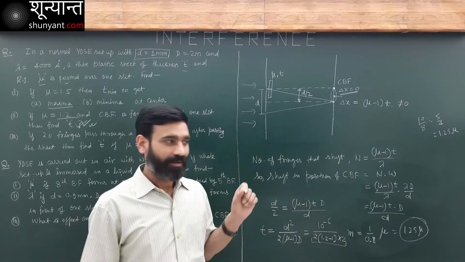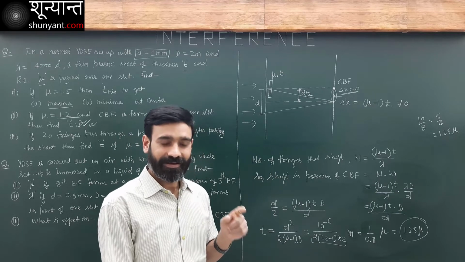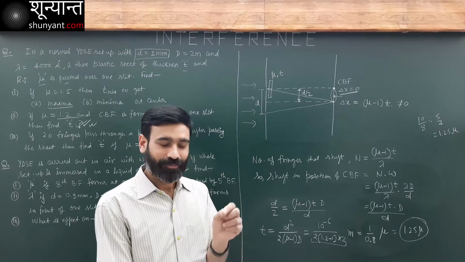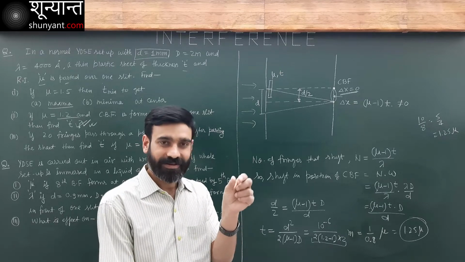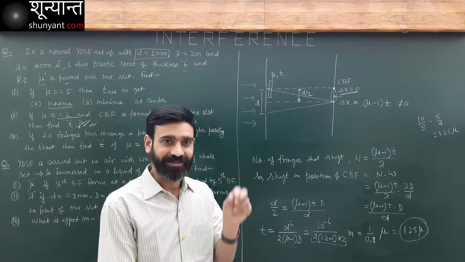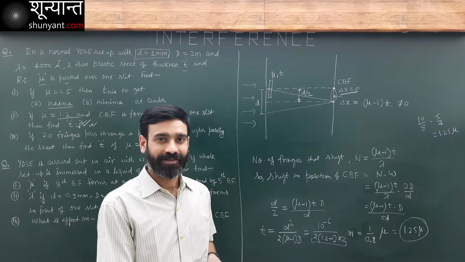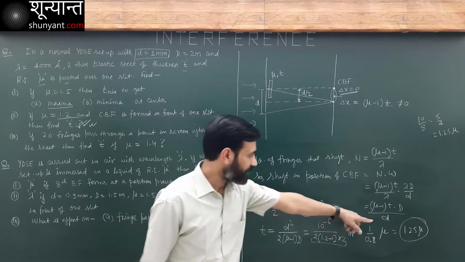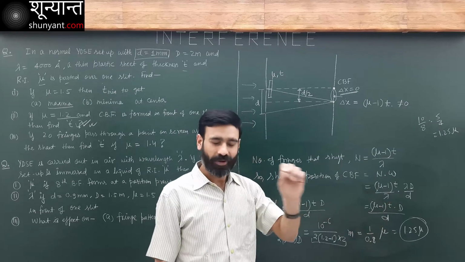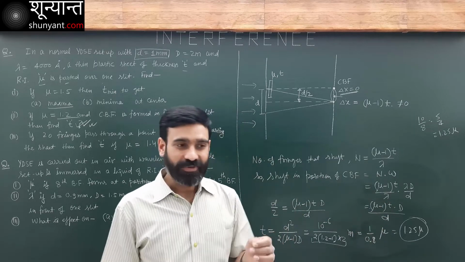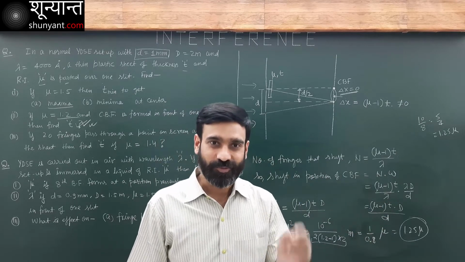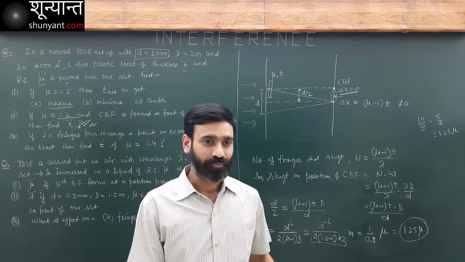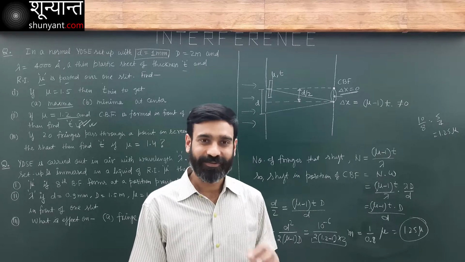What it tells me is that I can actually use YDSE to find very small distances, very small thickness. If I have a plastic sheet of thickness 1.25 micron, which instrument are you going to use to measure that, and measure that correctly? Very difficult.